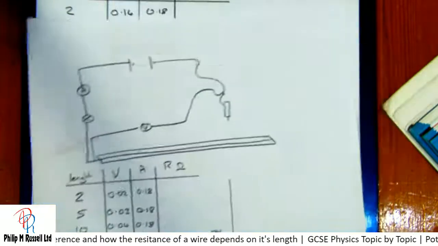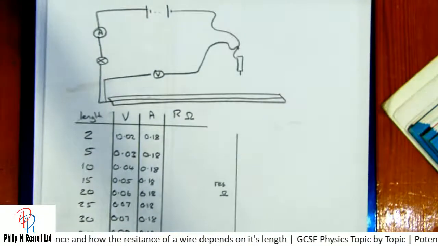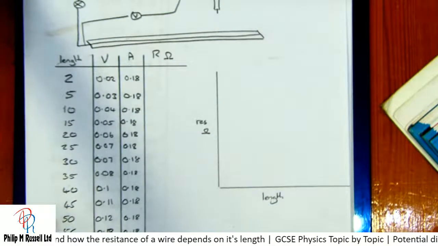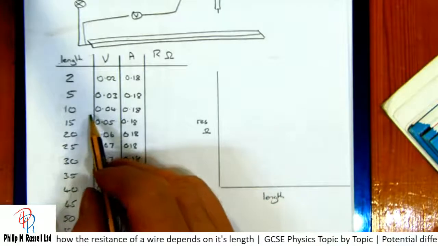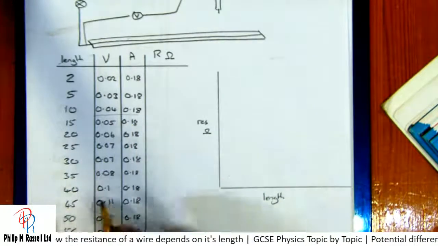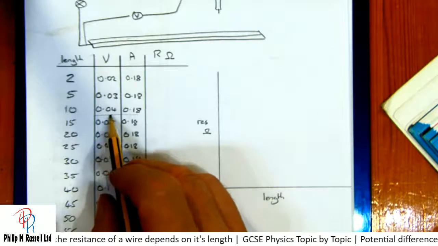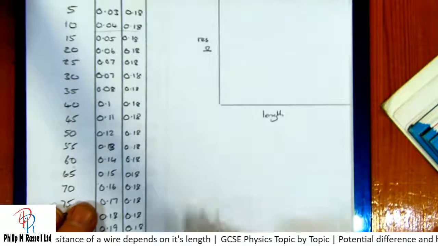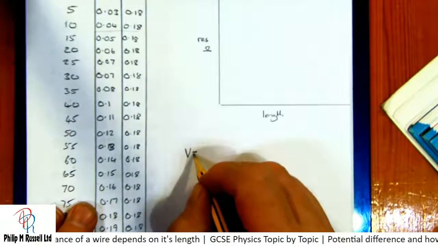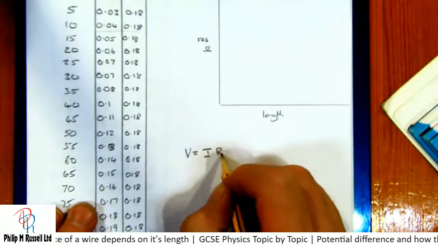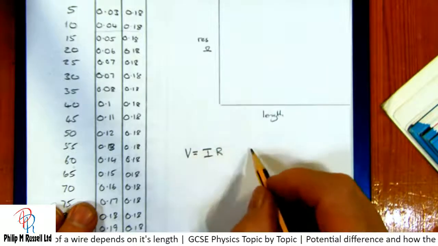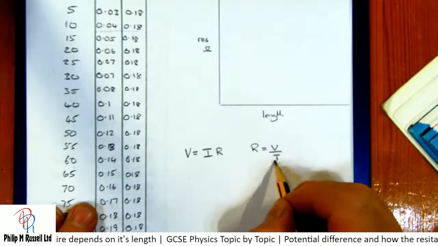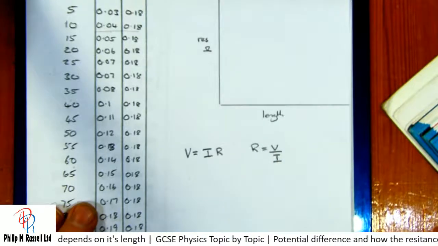Now, I'm not going to try and plot every one of these because that's going to take way too long. So let's just take a few of these values and see what we get. So we know for working out the resistance that V equals IR. So our resistance that we want to calculate is going to be the voltage divided by the current.